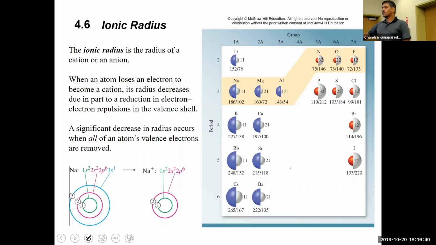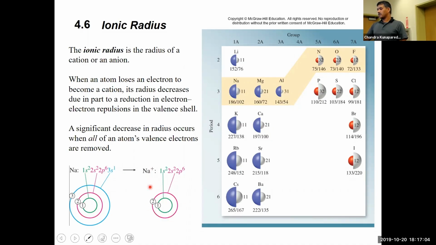When the sodium is neutral, you can see on the top left side that it has a total of 3 shells: 1s2, 2s2, 2p6, and 3s1. It has 3 shells, and 3 shells means larger, right? Whereas once it forms the charged Na+, it lost an electron from shell 3s, the only electron in shell 3s, which means it lost an entire shell.